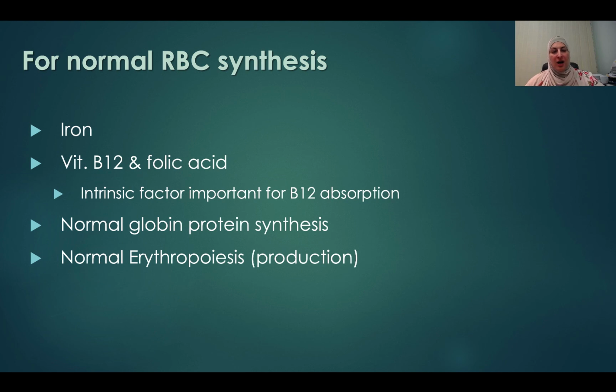So failure of the bone marrow, abnormality in the genes responsible for producing the globin protein, lack of the amino acid building blocks related to severe nutritional deficiencies, abnormal or non-functioning intrinsic factor, low amount of iron, low amount of B12 and folic acid. All of these factors, if not available, will induce anemia.